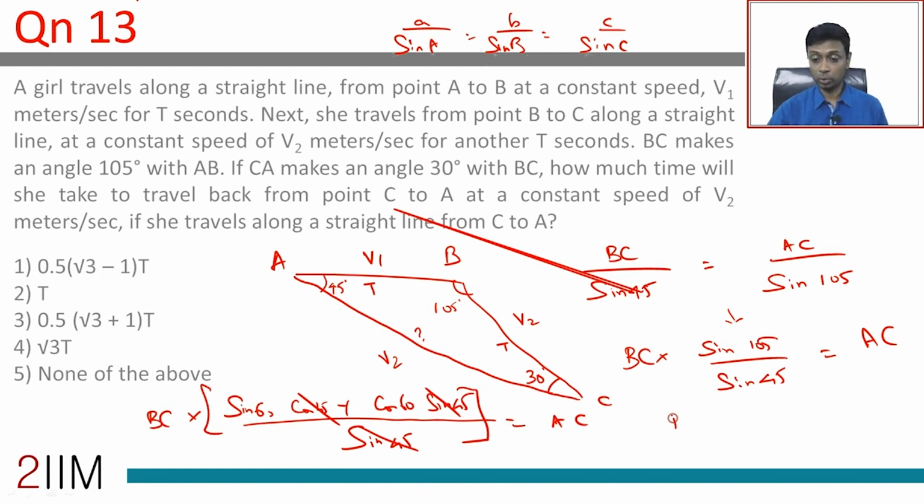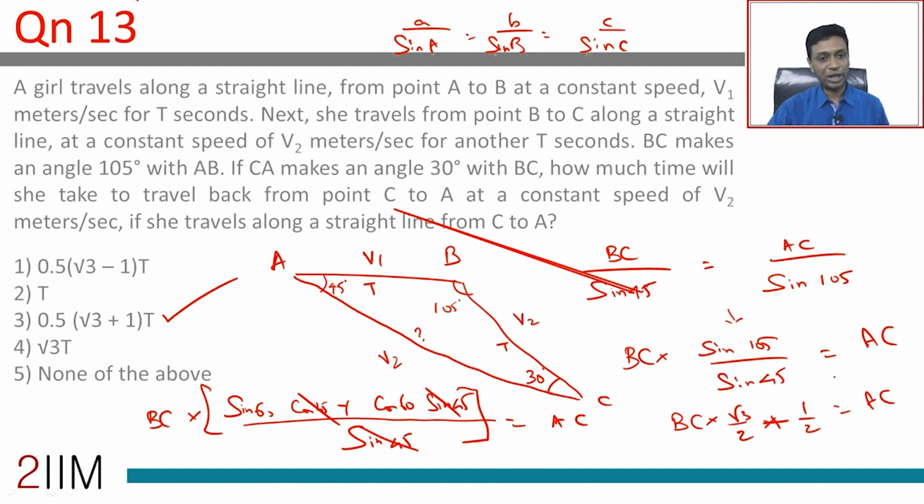Cos 60 is 1 by 2. So BC into root 3 by 2 plus 1 by 2 is AC. So BC is v2 into t. So the time taken would be t into 1 by 2 into root 3 plus 1, or t into 0.5 into root 3 plus 1. 1 by 2 is 0.5, root 3 plus 1 is what we got remaining.